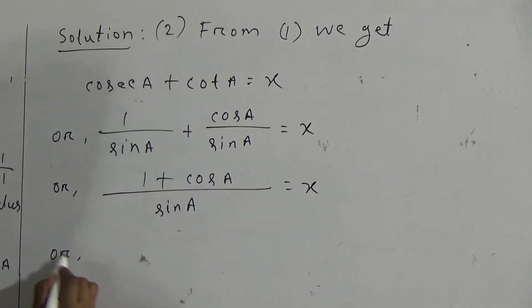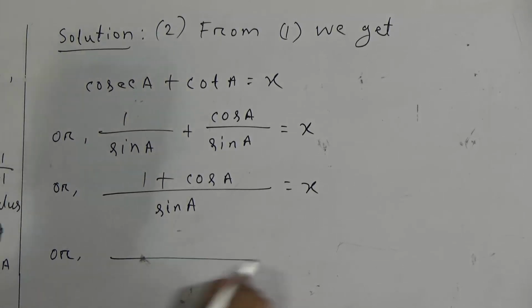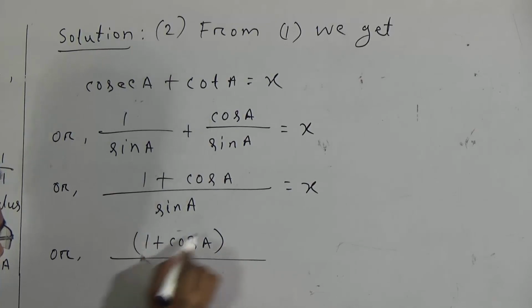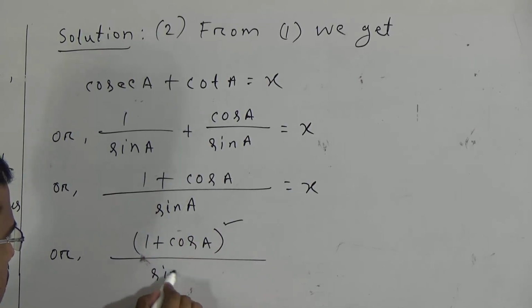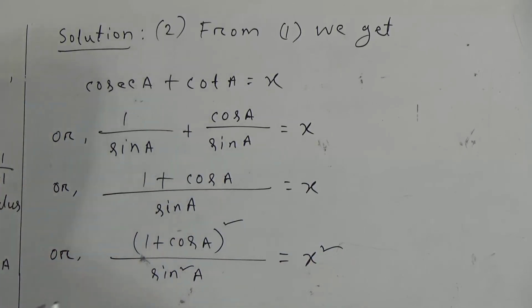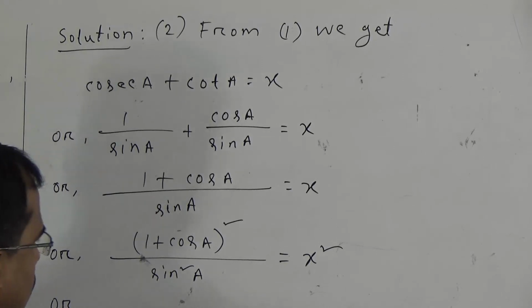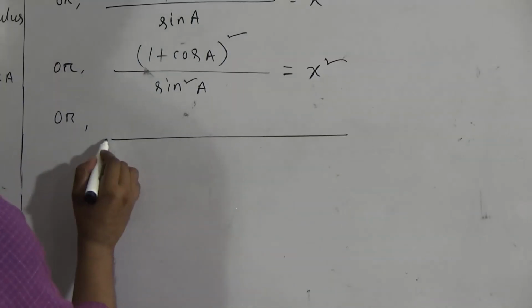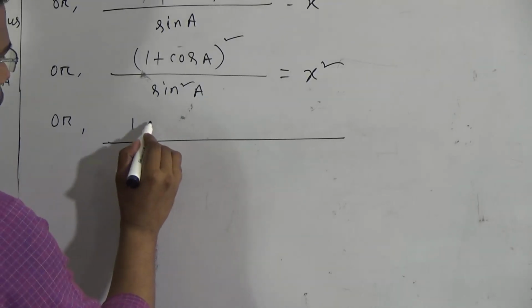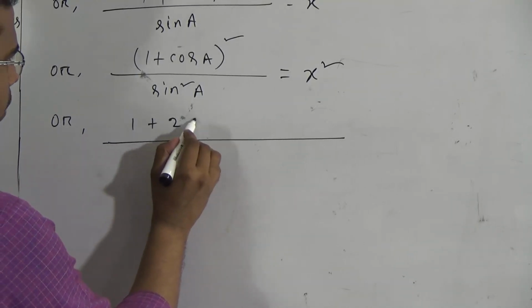Now by squaring both sides we get 1 plus cos A whole square by sin square A equal to x square, or here we will apply formula a plus b whole square, then it will be a square plus 2ab.